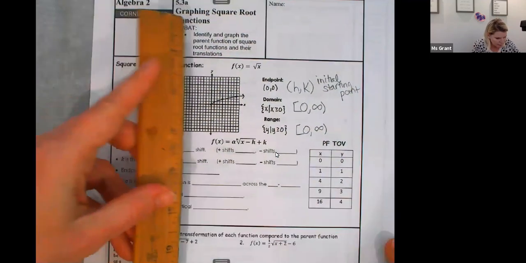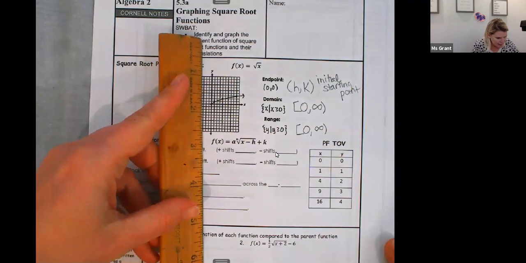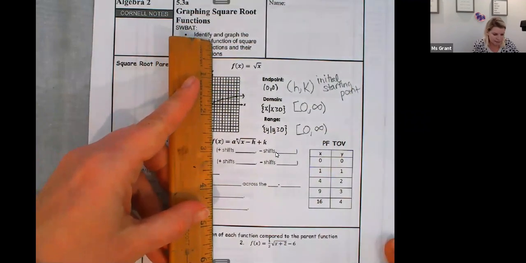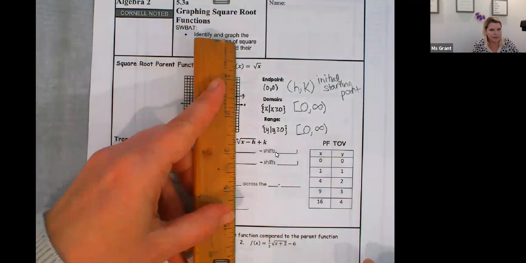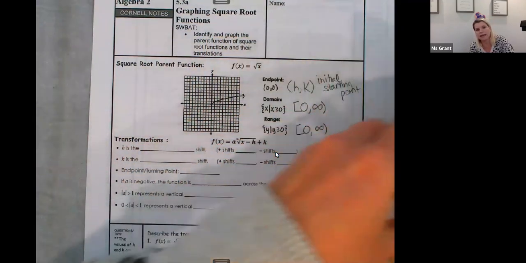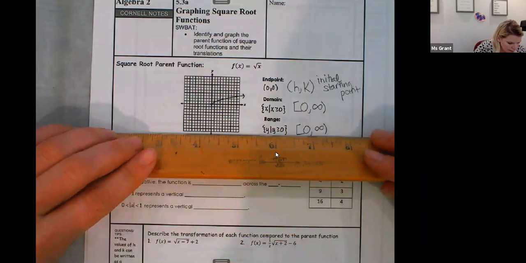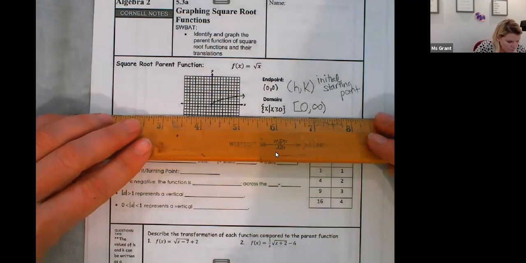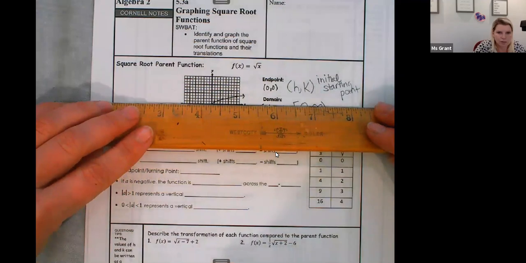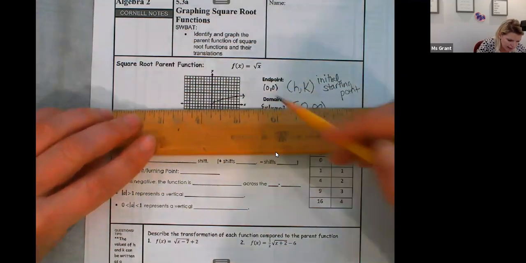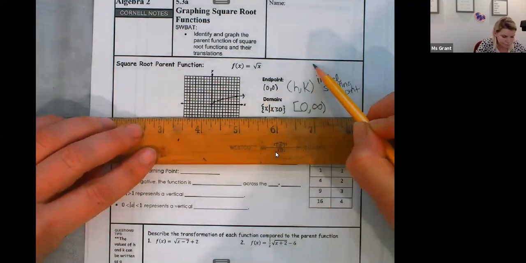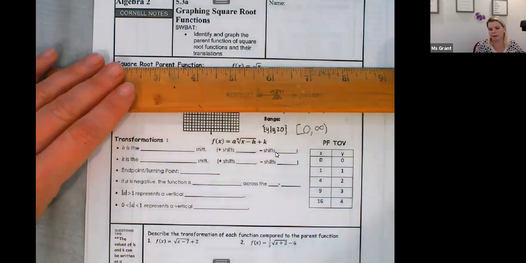Along the domain, nothing negative. Oh, 0, it hits, and then 1, 2, 3, 4, 5, 6, 7 to the right, infinity all the way. The range starts low, nothing negative, up 0, 1, 2, 3, 4, 5. And this arrow is just going to get higher and higher, so it'll go towards positive infinity on the range.